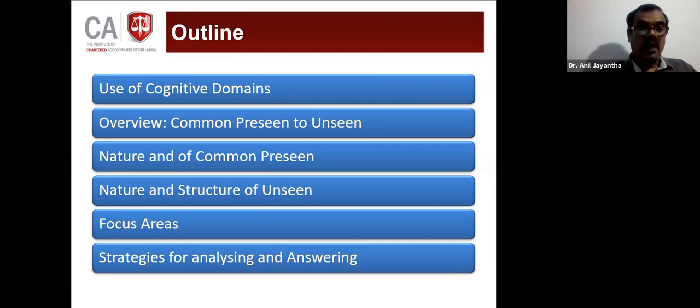Then we will look at the overview of the common pre-seen, then how it goes to unseen, the nature of common pre-seen and the nature and structure of unseen, focus areas and strategies for analyzing and answering the questions.